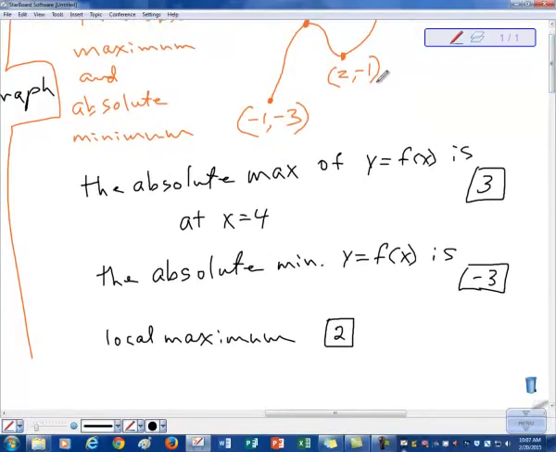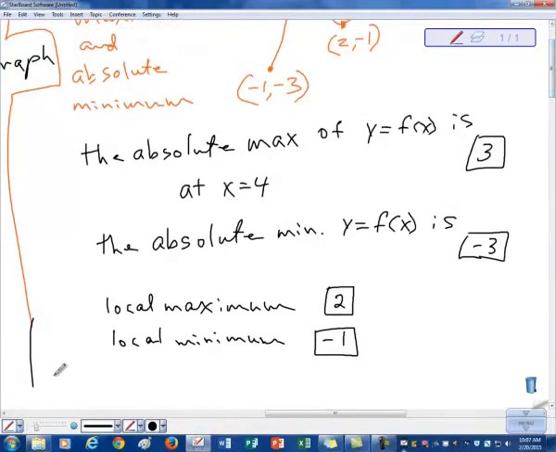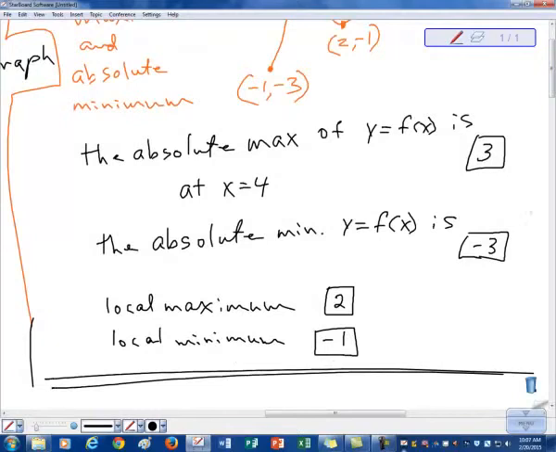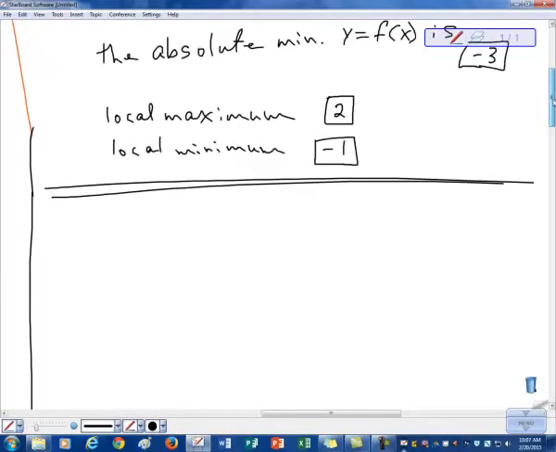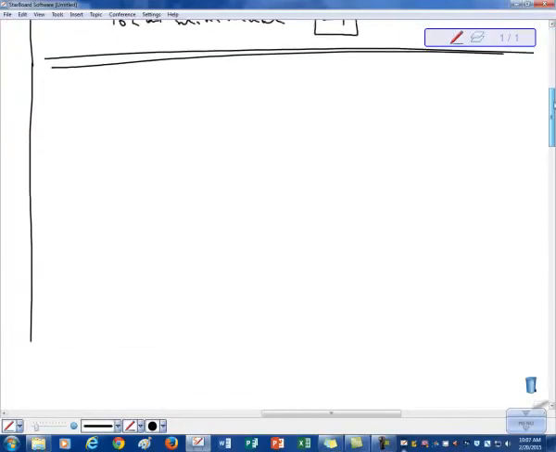And then the local minimum, you should have said negative 1. Okay, so that's pretty straightforward. And that was question 6.